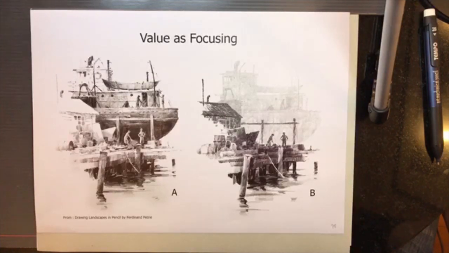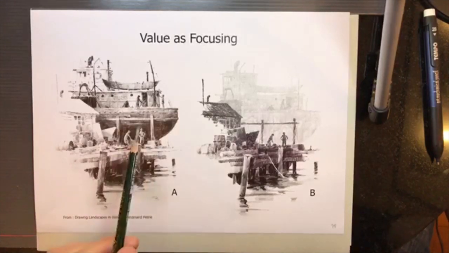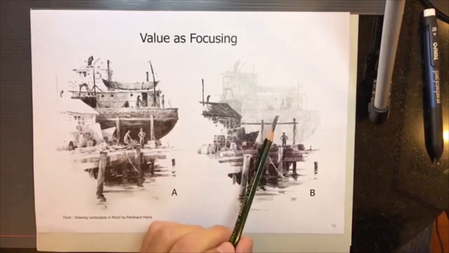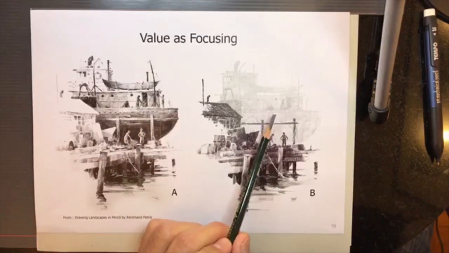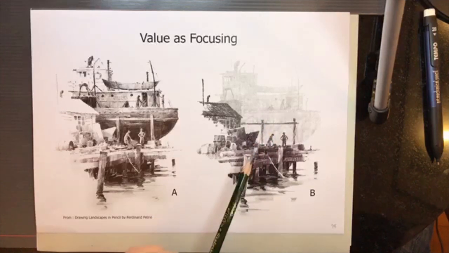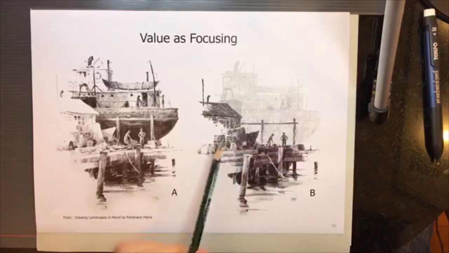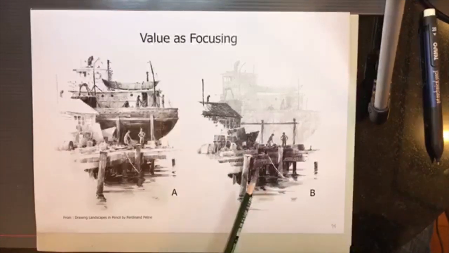This is the pier, the port near the sea, right? The option A, picture A, you see, the ship is quite dark, right? The picture B, the ship is quite a light value and dark value at the port or the bridge or the house, right?